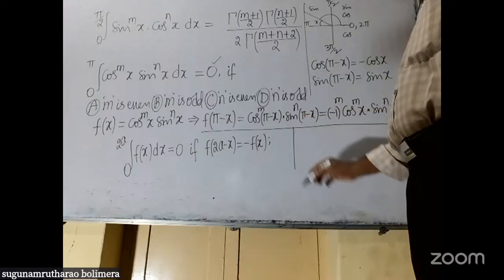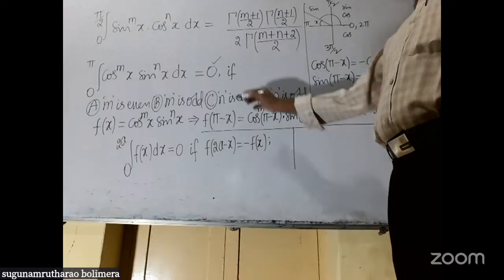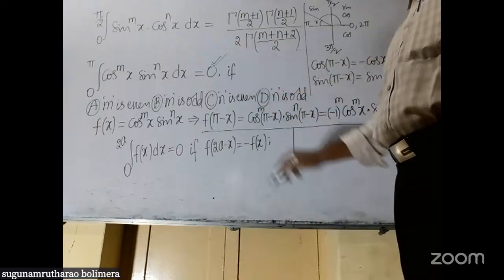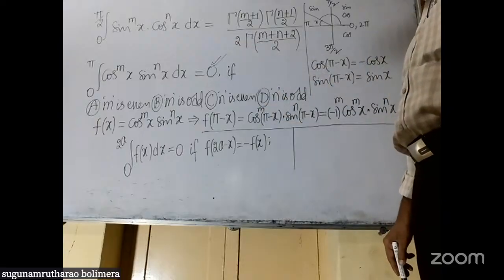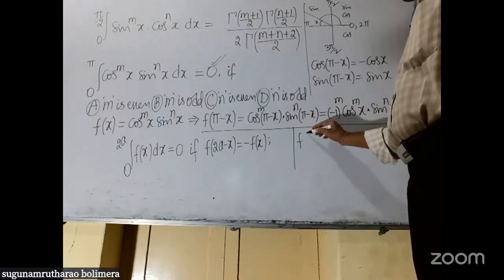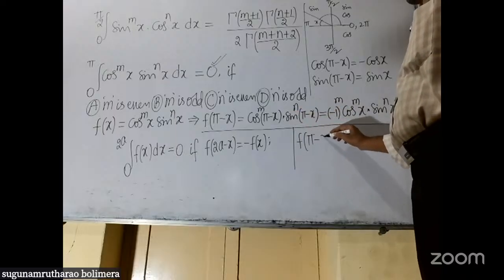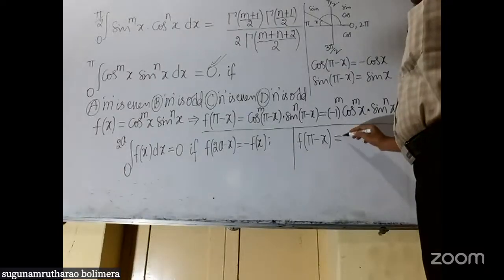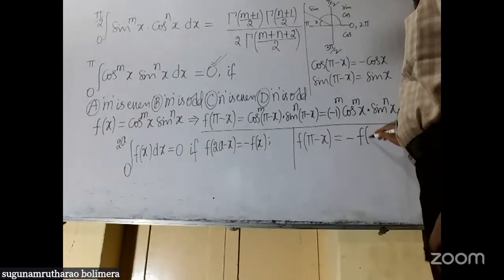So in order to say that it will be 0, f of pi minus x must be equal to minus f of x.